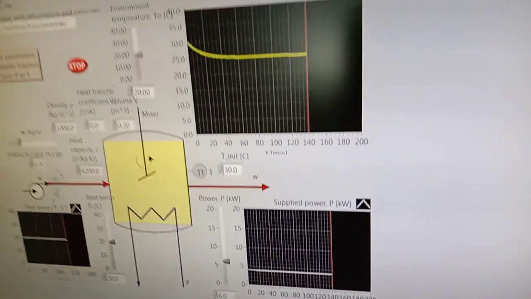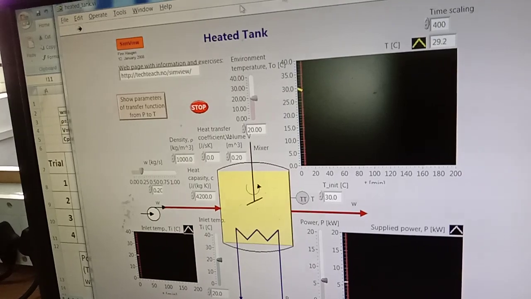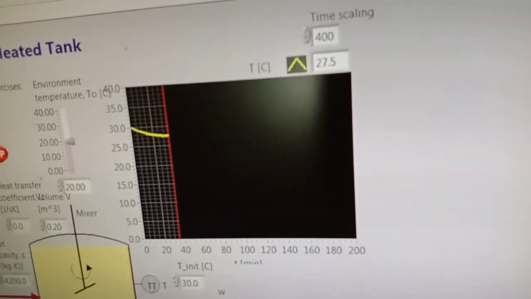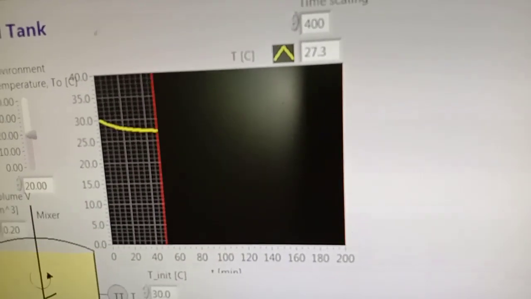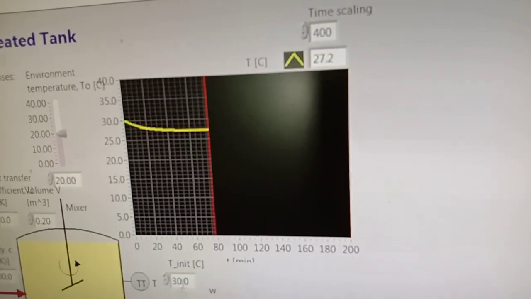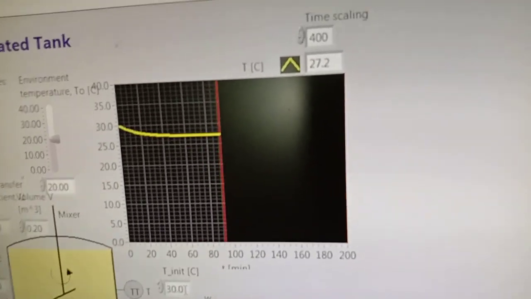Now I am running the experiment again. For 6 kilowatts, you can see that as my power source is increasing, the temperature is now nearing my required temperature.